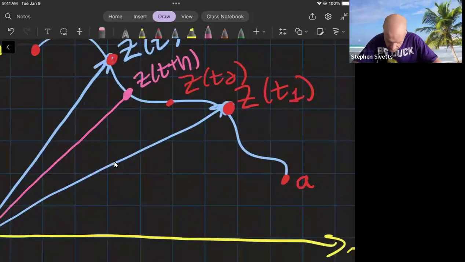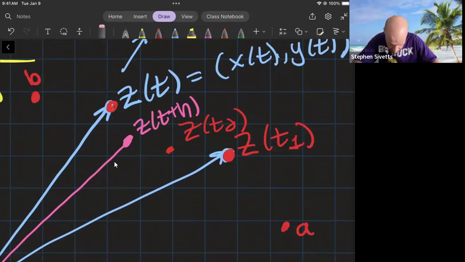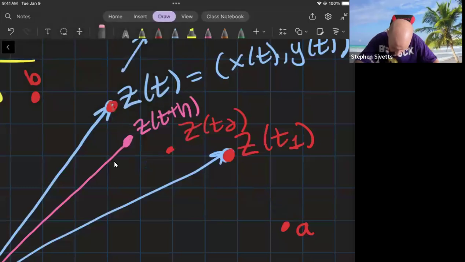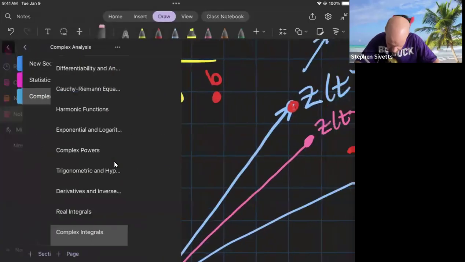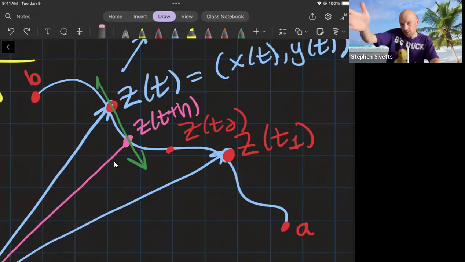So how this tangent vector is formulated is we want to calculate the vector that is going from Z of t to Z of t plus h.